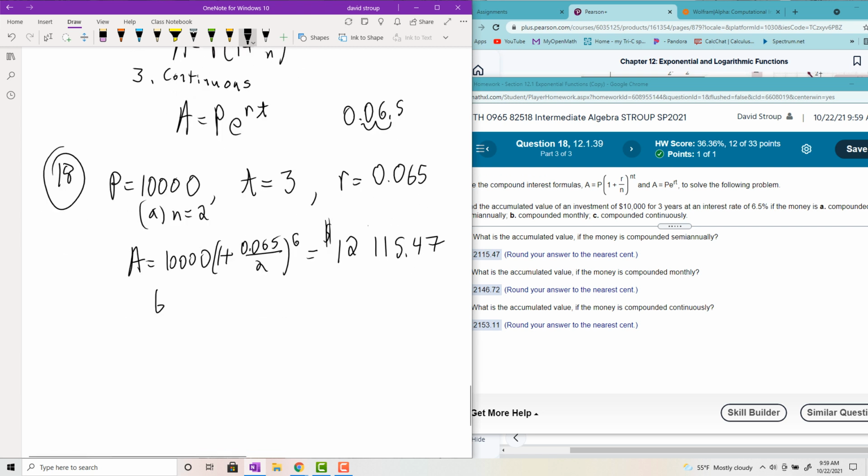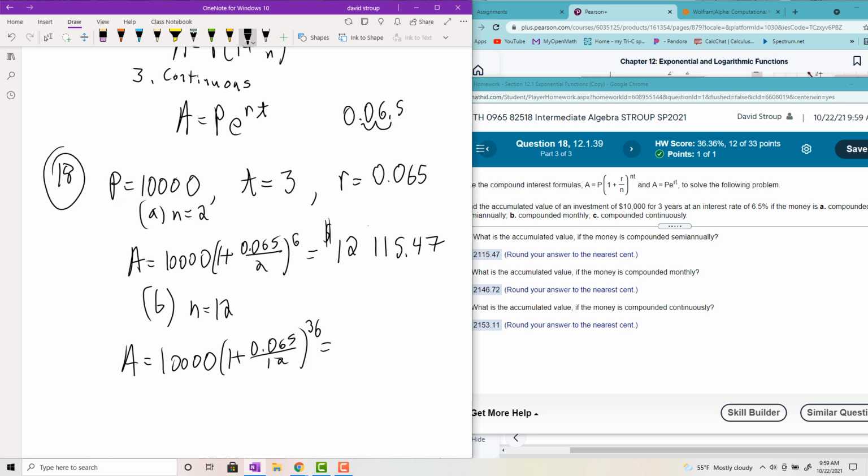All right, part B. What's the accumulated value if the money is compounded monthly? So there are 12 months in a year, so n is 12. So A will equal 10,000 times 1 plus 0.065 all over 12, raised to the 3 times 12, which is the 36th power.